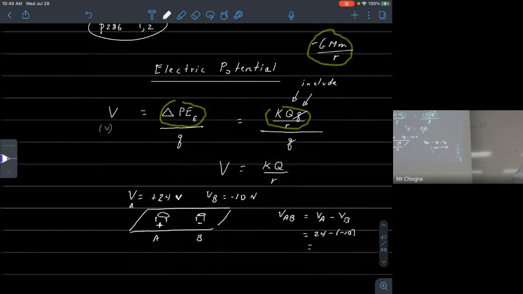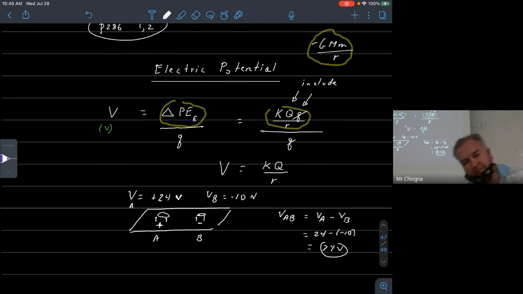So that works out to be 34. That's not the actual voltage of a battery, but the idea is right. This is a battery in a car. Okay, so that's how your electric potential relates to real life. It is the difference between the potentials of these terminals that we call voltage. This is voltage. It's also known as potential difference or difference in the potentials.